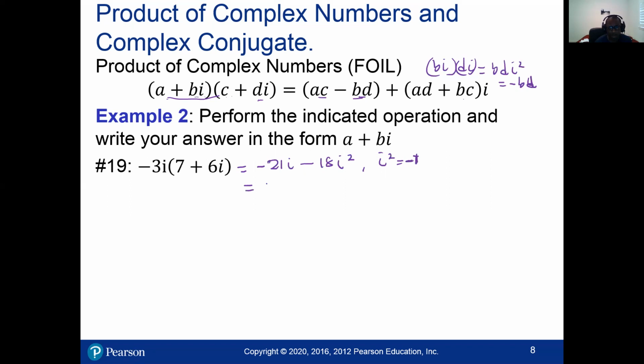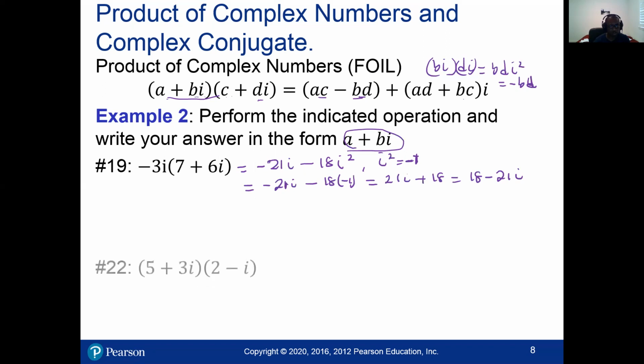And so this becomes minus 21i, then plus 18. So put it in the form a plus bi, it is 18 minus 21i. You leave it like that.